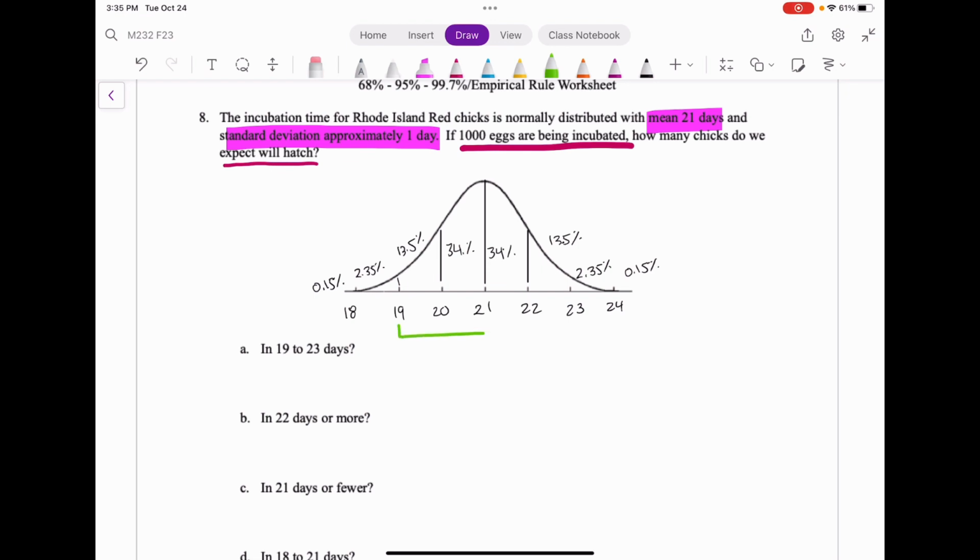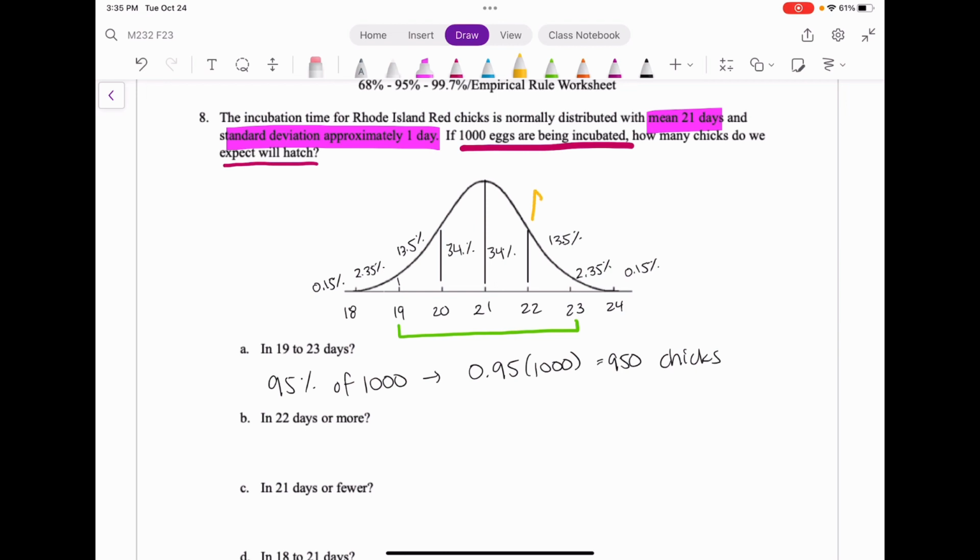So 19 to 23 is going to give me 13.5 plus 34 plus 34 plus 13.5. That's 2 standard deviations, so that's 95%. So we need to find 95% of 1,000. So we turn the percent to a decimal and we multiply by 1,000 and we get 950 chicks.